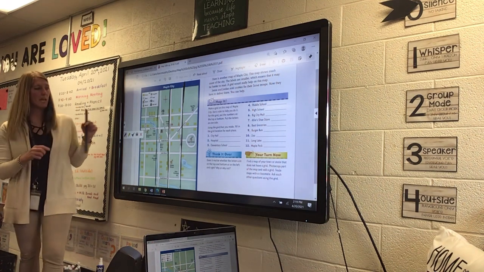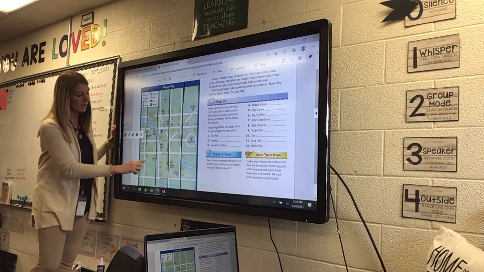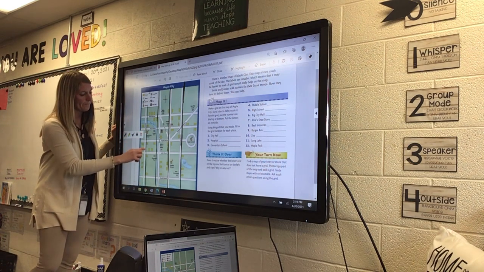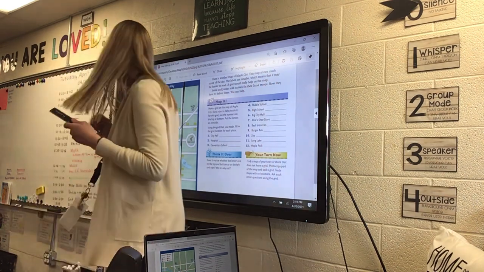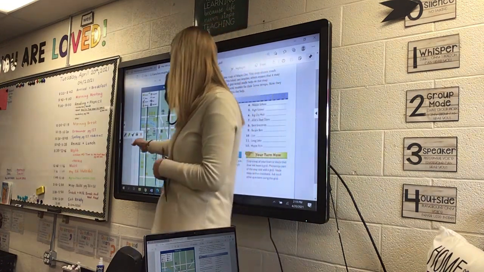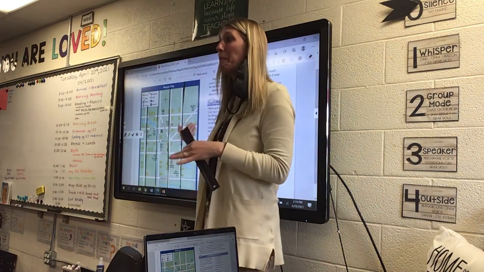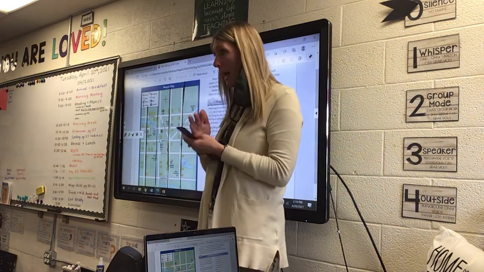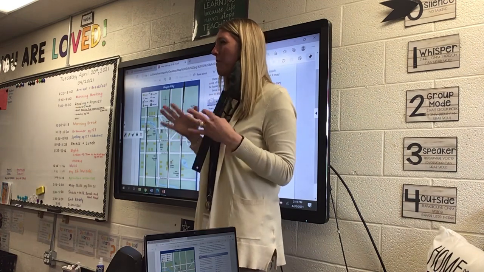Okay, then we're going to make one last line going about right down here. Now I know these are not perfect, because I can tell this first square is a little smaller and this big square is a little bigger. On a math grid it would be perfect, but we're just second graders, so it's not perfect.